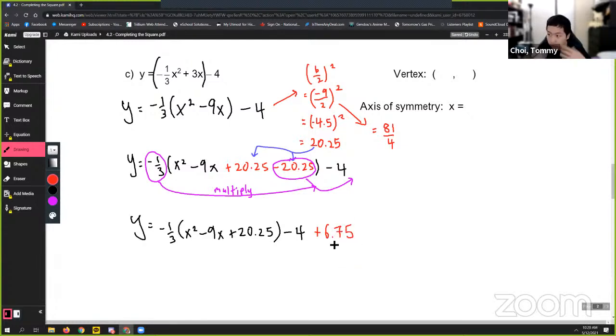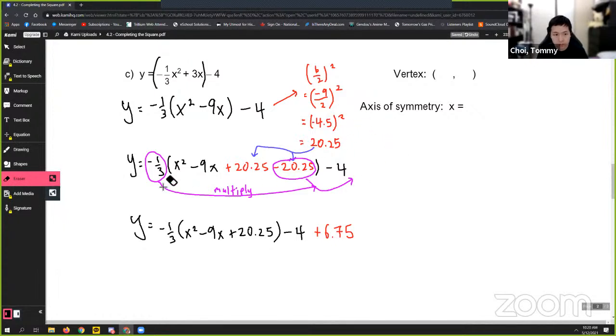So on a calculator, try it. -1/3 times -20.25 should give you plus 6.75. Okay? Make sure you try that on a calculator. Don't just copy it now. The whole point is that you should be able to try it and do it yourself now so that we don't make a mistake in the future. Okay?